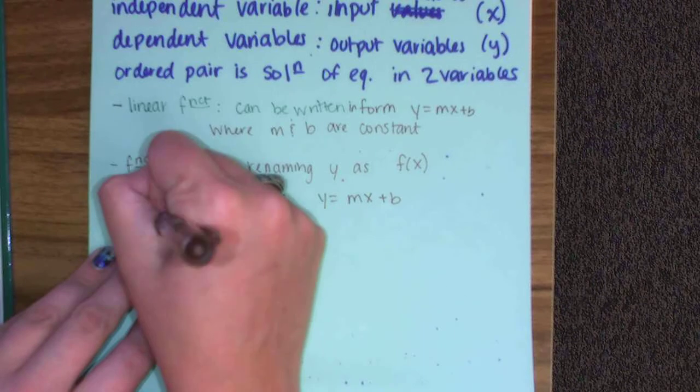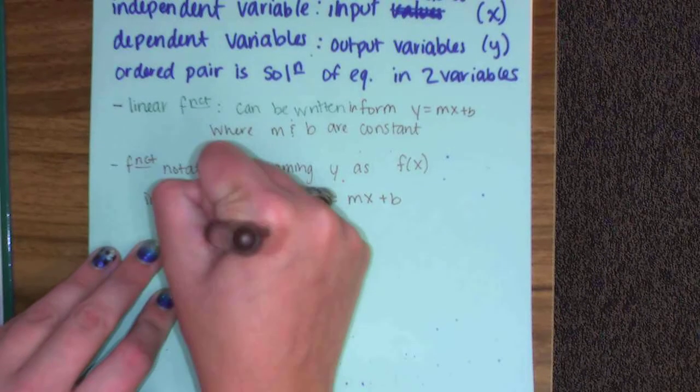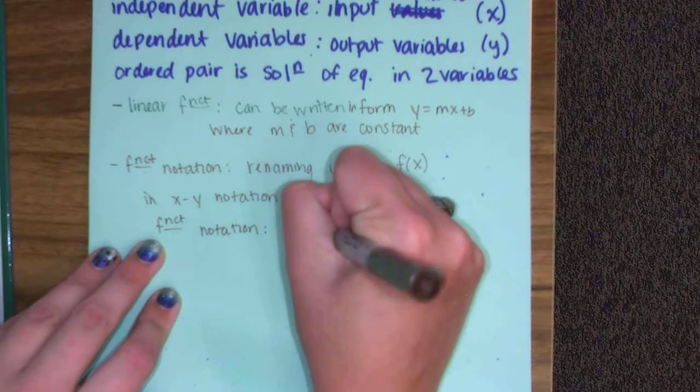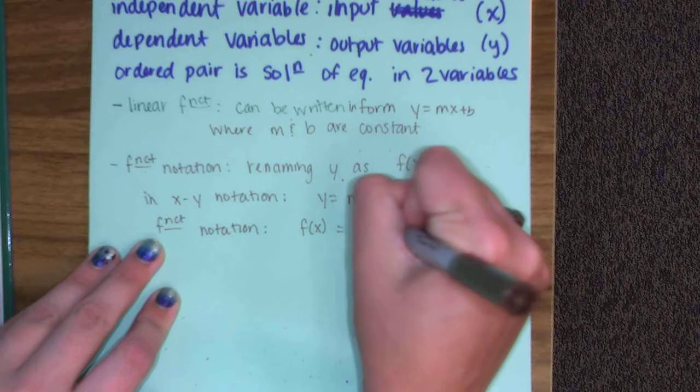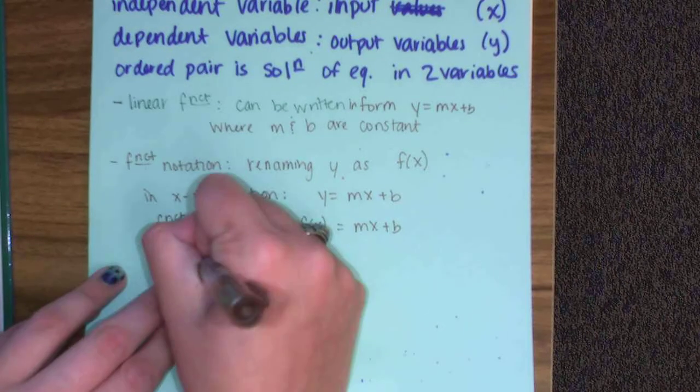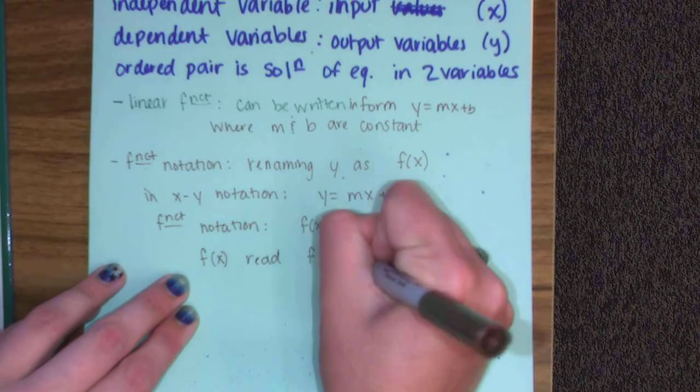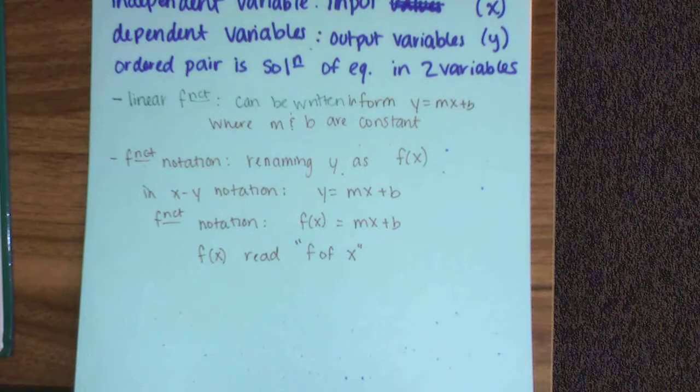In function notation, we have f of x is equal to mx plus b. Okay, and f parentheses x is read f of x, just in case you are curious.